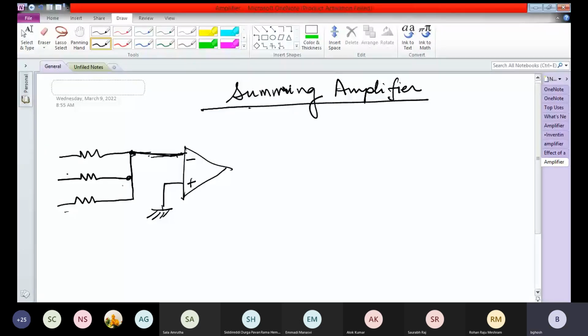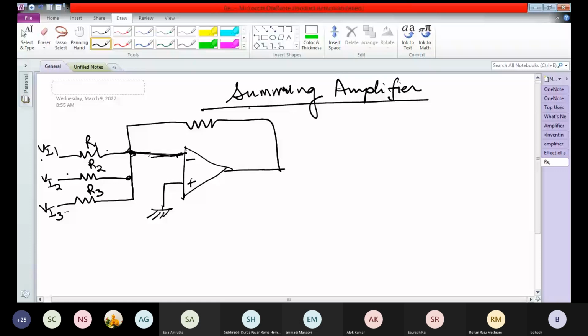So here it will be VI1, VI2, VI3, R1, R2, R3, and the currents I1, I2, I3, I4.